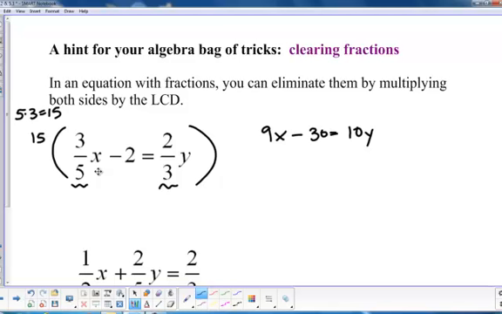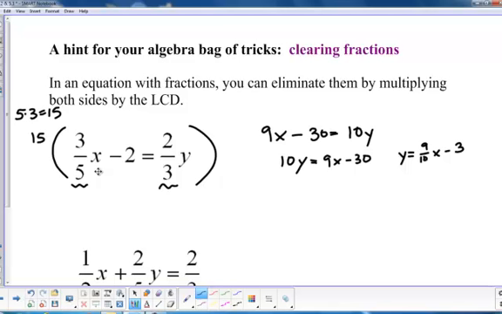And then if we rewrite it so the y is on the left, it'll even be that much better, because it's even closer to y equals mx plus b. And if we wanted a true y equals mx plus b, we could divide by 10, and 30 over 10 is 3.